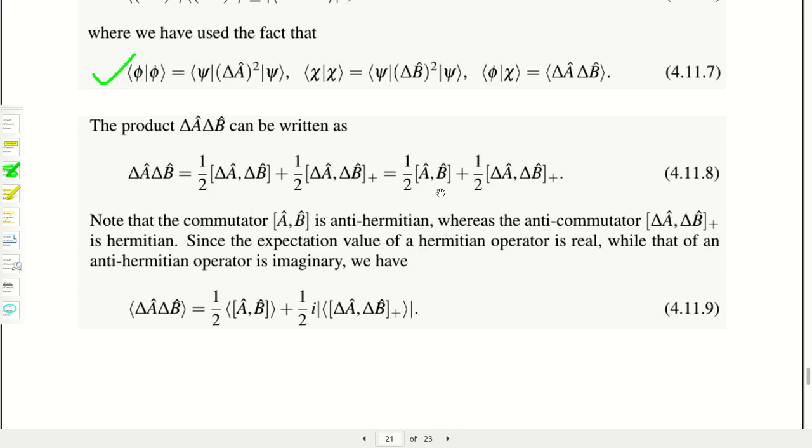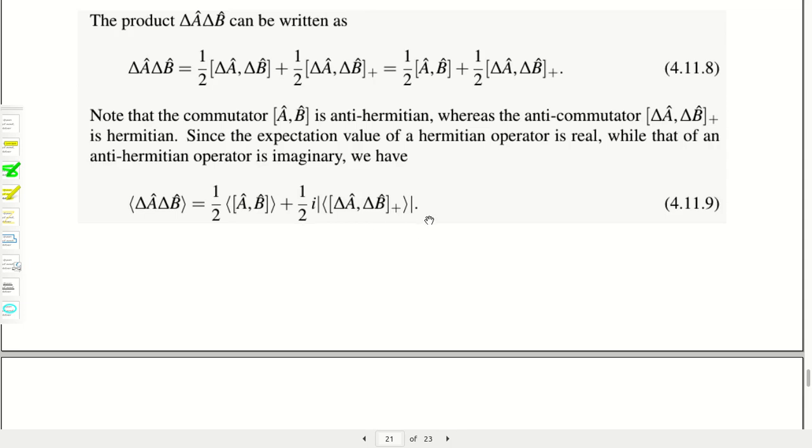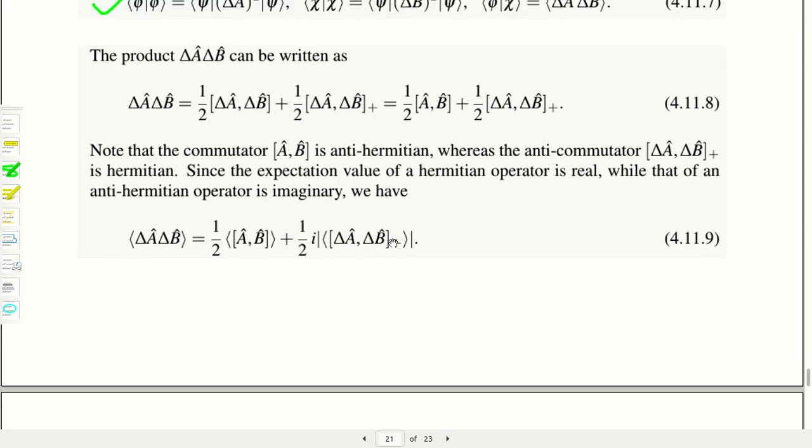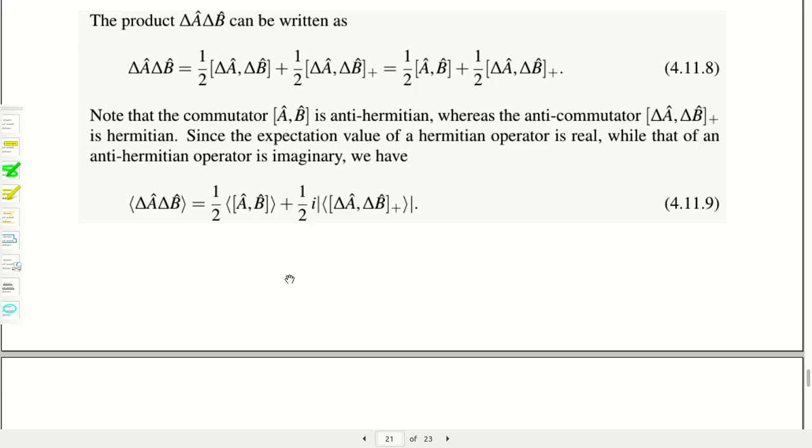The expectation value of the anti-commutator gives a real number because it is Hermitian.